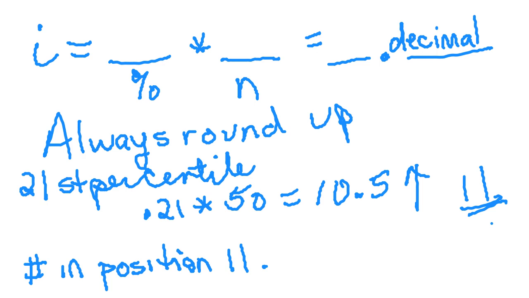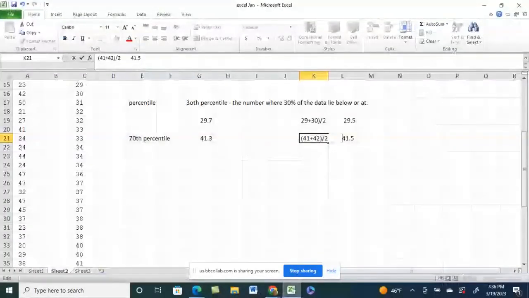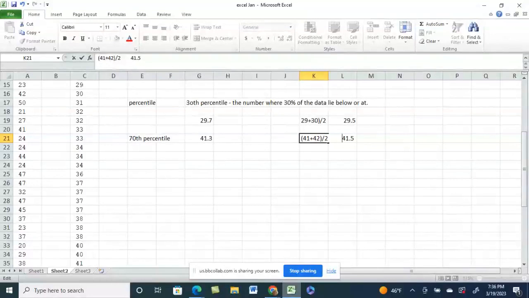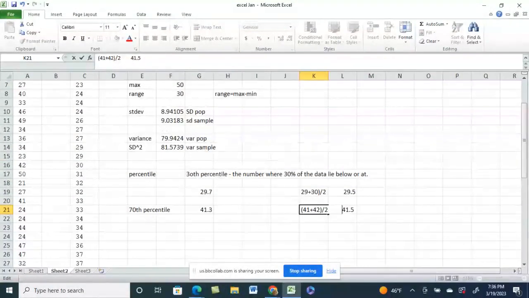If it's a decimal, round up, and you take that number, position 11. So let's go back. And again, that's what I was saying in the announcement. Position 11 is 26.